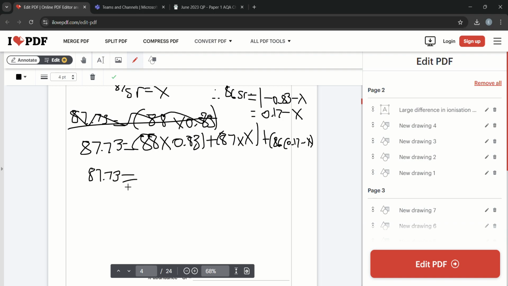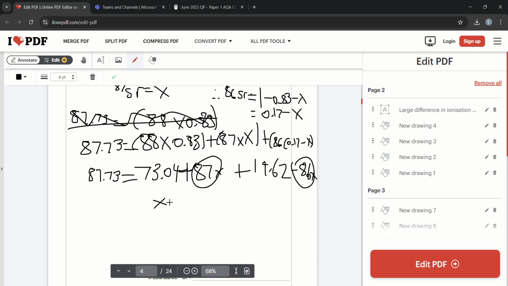87.73 equals 73.04 plus 87x plus 14.62 minus 86x. 87 minus 86 gives me x.